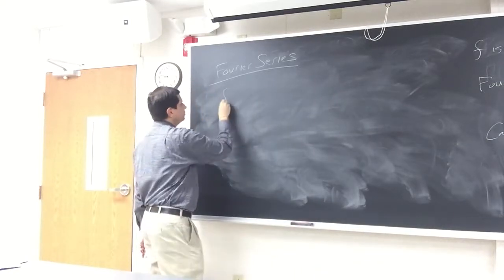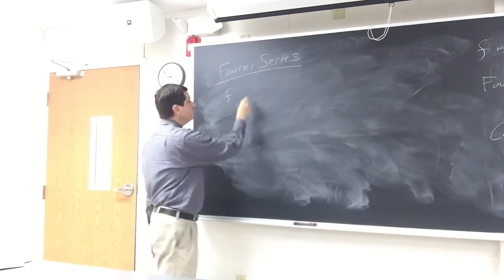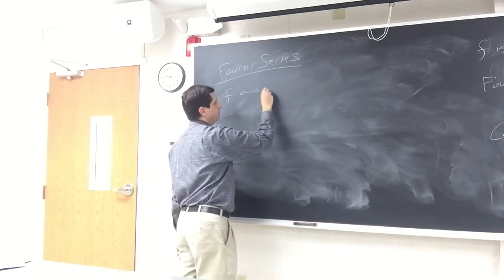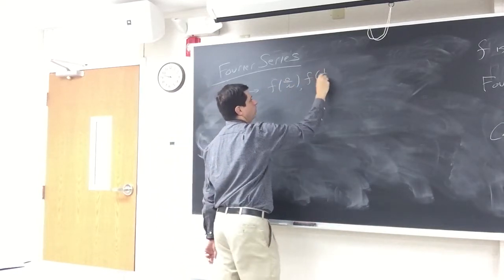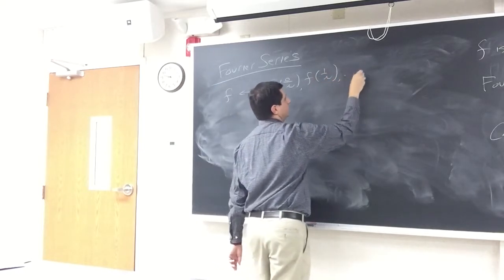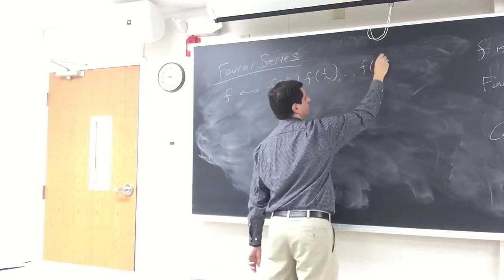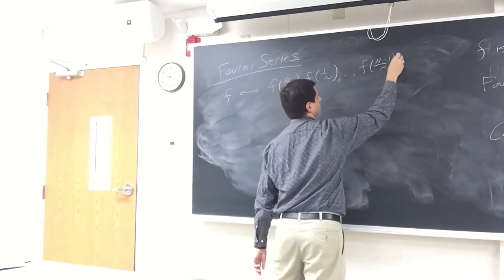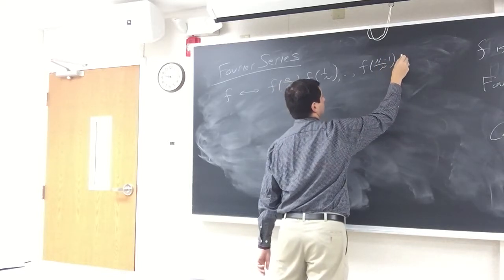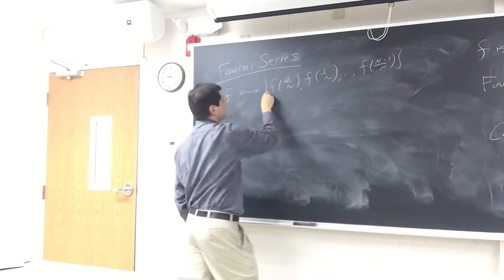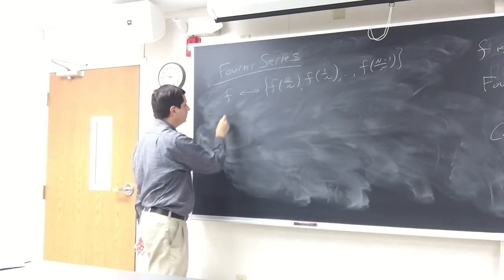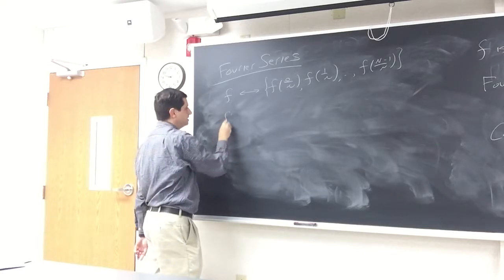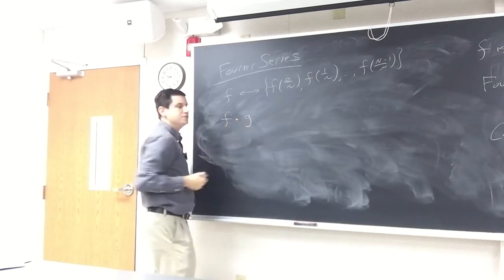So let's say I have a function f. I can associate to f the following vector: f of 0 over n, f of 1 over n, dot dot dot, f of n minus 1 over n. So I have a nice vector like this. If I have two functions, f and g, I can now view these as vectors.